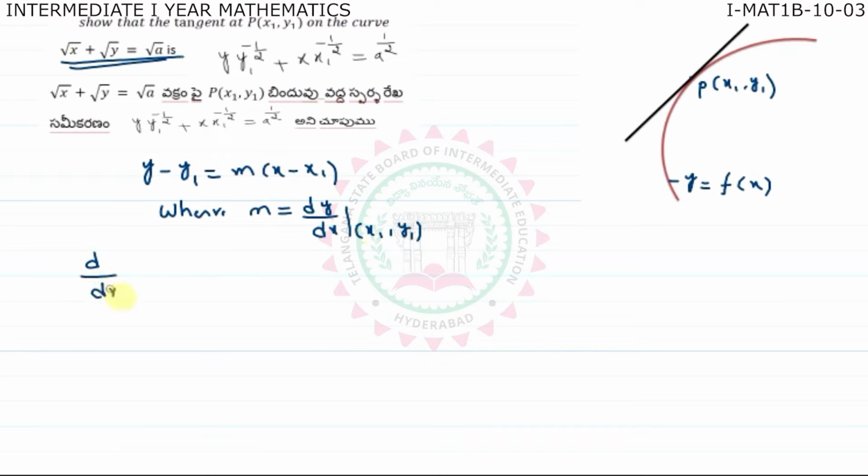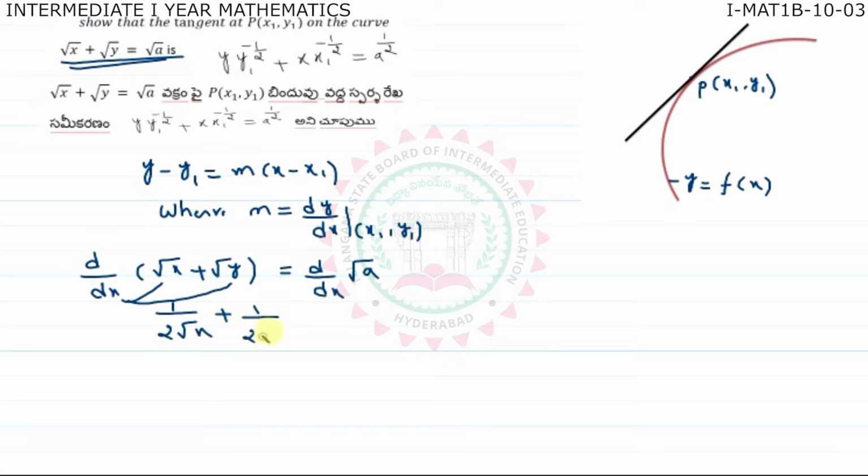So d by dx of root x plus root y is equal to d by dx of root a. Derivative of root x is 1 by 2 root x. Derivative of root y is 1 by 2 root y into dy by dx. Derivative of a constant is 0.